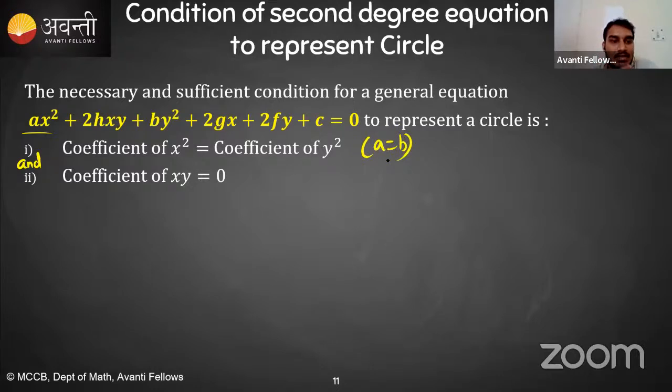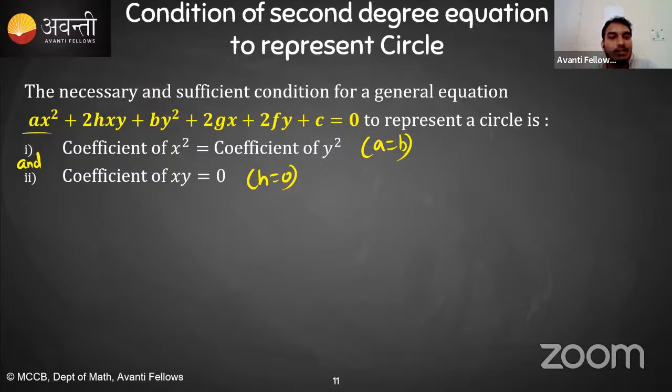Second, coefficient of xy is 0, meaning h is equal to 0. When we were deriving the equation of the circle, there also the coefficient of xy did not come, and the coefficient of x square was equal to the coefficient of y square. Is this clear, everyone? So these two conditions should be met for any general equation of degree 2 to represent a circle.